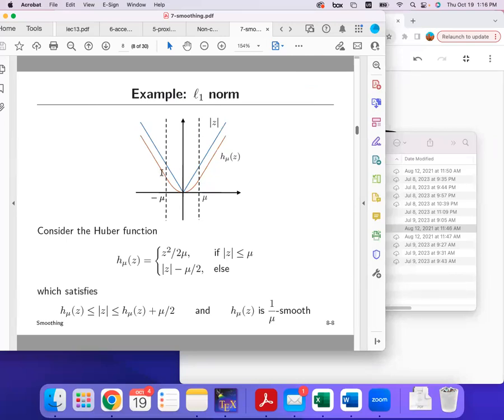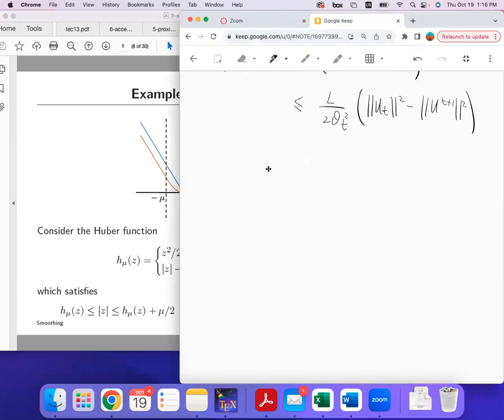Now, this red curve illustrates the idea of how to construct a smooth approximation of this non-smooth function. So what we do is the following. We have this L1 norm.